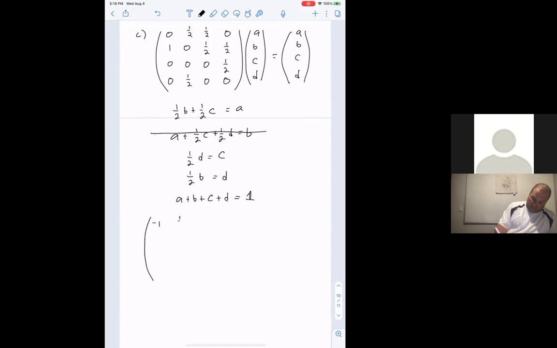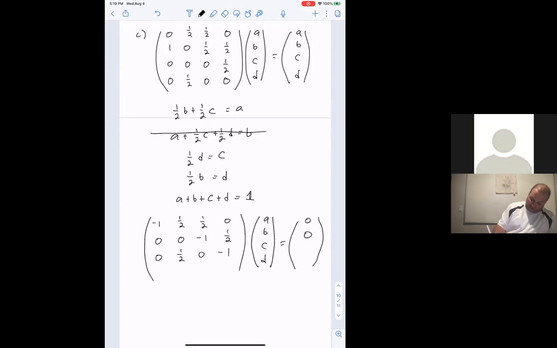Negative 1A plus 1/2 B plus 1/2 C and 0 D's gives me 0. No A's, no B's, negative 1C and a 1/2 D gives me 0. No A's, 1/2 B, no C's, and a negative 1D gives me 0. And one of each gives me 1.